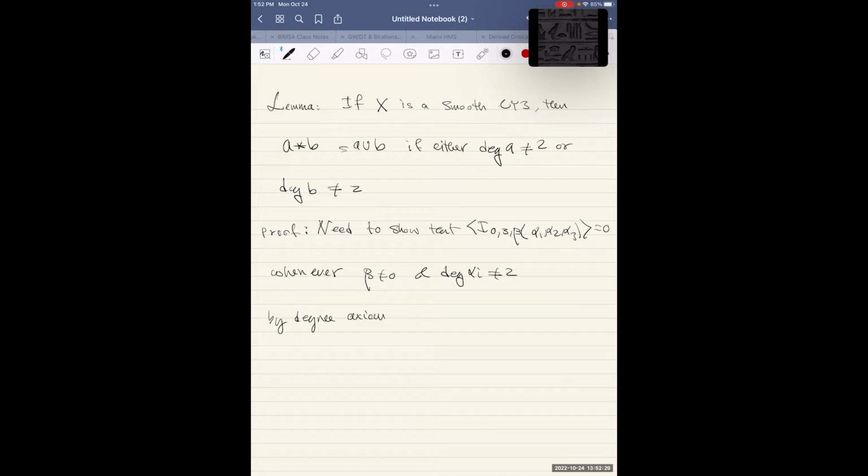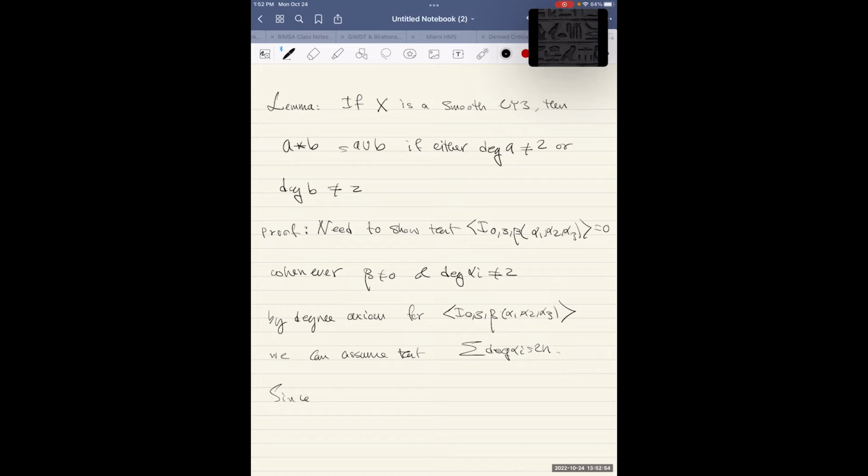But for the degree axiom, for the calculation of this invariant of α1, α2, α3, we can assume that some of the degrees of the αi's is some 2n, right?